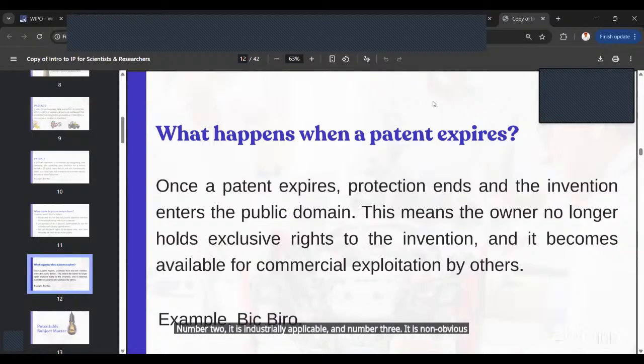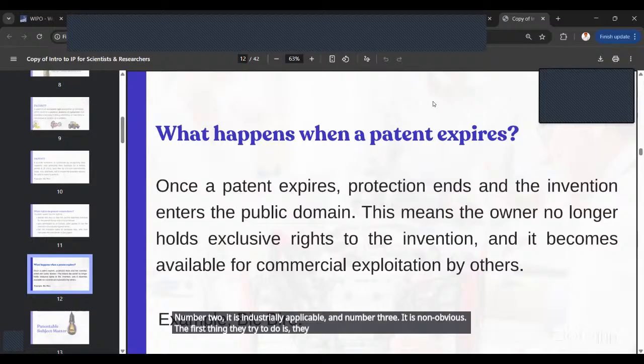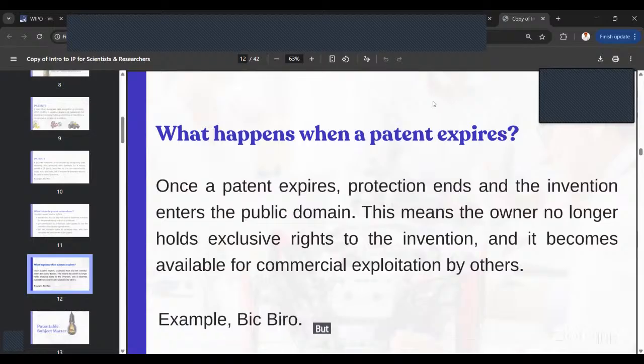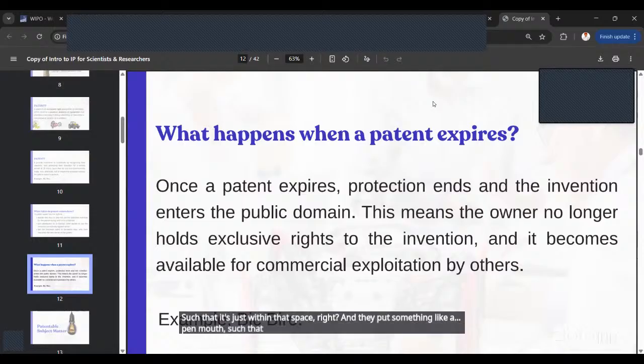The first thing they do is they find a way. It's still ink, the same ink we're talking about, but they find a way to put the ink in a vessel such that it's just within that space. And they put something like a pen mouth such that the ink flows through the pen mouth and you can use that mouth to write. Now, they didn't stop there.